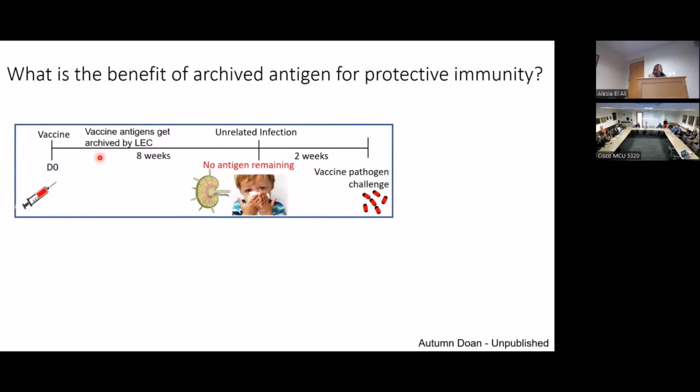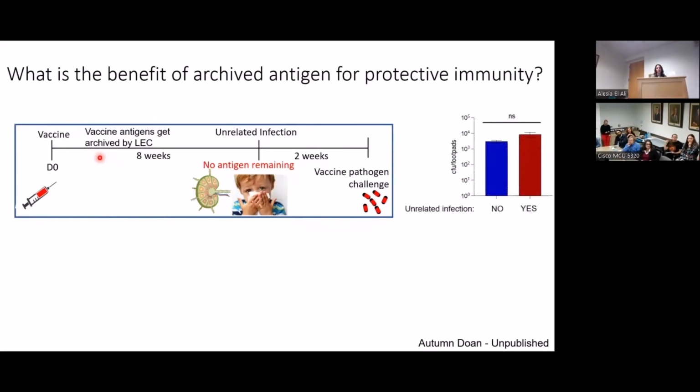But one really important observation was that if you wait 8 weeks, to a time point when we no longer see antigen being archived by the LECs, so the antigen is completely gone, and then you give the infection, wait 2 weeks, and challenge the host with the pathogen that contains the vaccine antigen, you see no difference in protective immunity.